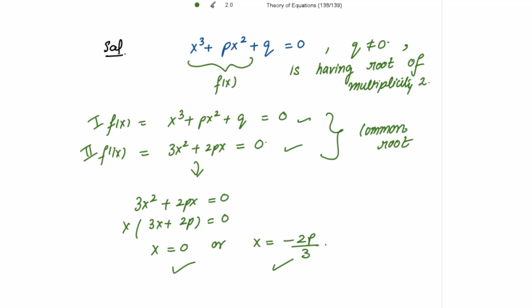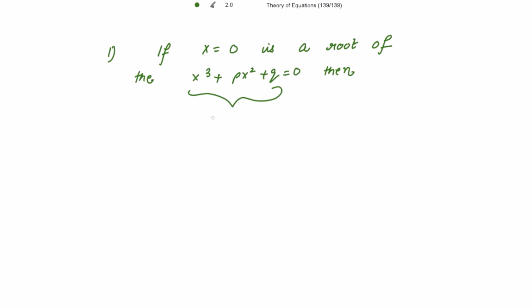So let's check whether x equal to 0 is a root of the first equation or not first. So if x equal to 0 is a root of the first equation, that is the given equation, which is x³ plus px² plus q equal to 0, then this f of x should be equal to 0 at x equal to 0.